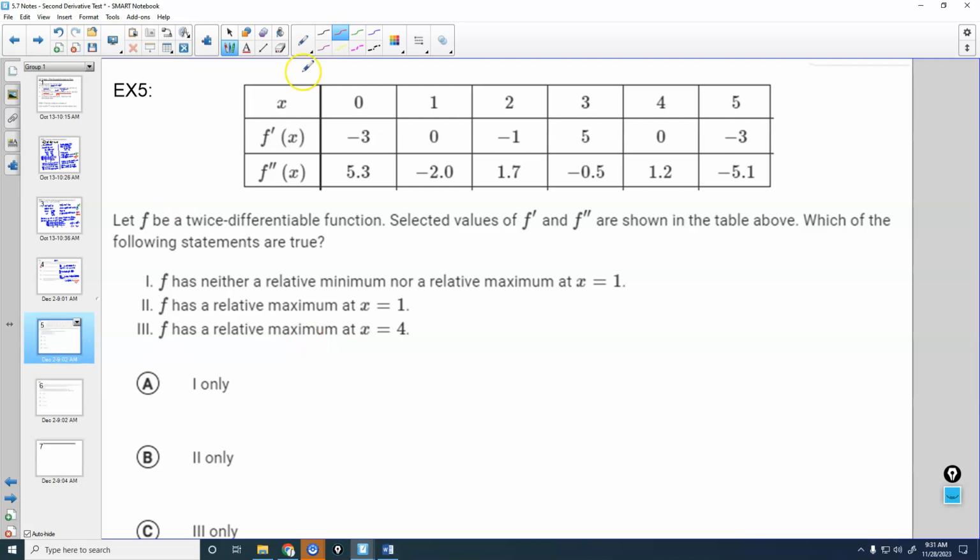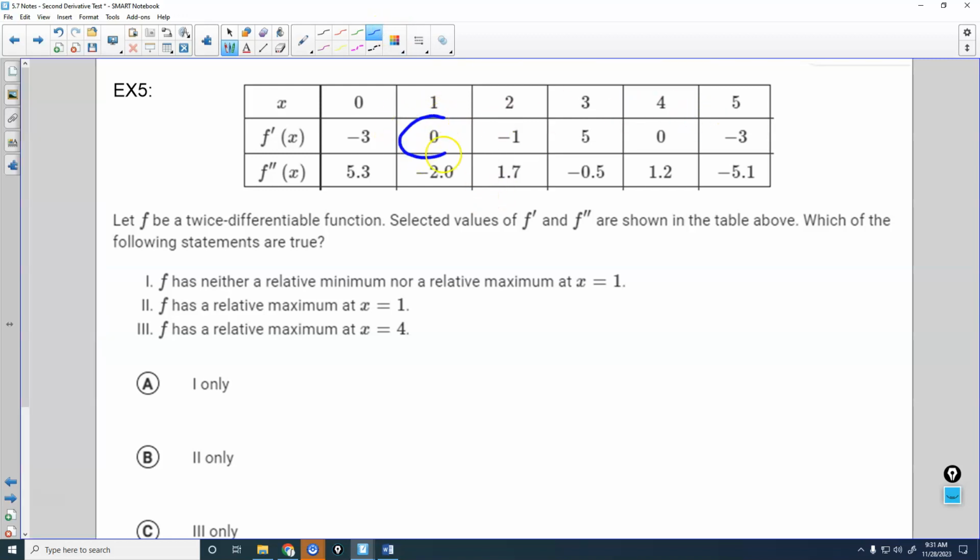Now, the reason we're looking at 1 and 4 is because our derivative equals 0 right here. If you try to do the first derivative test for this, can you make a sign line for this? If we tried a first derivative test sign line, we'd have 1 here and 4 here.